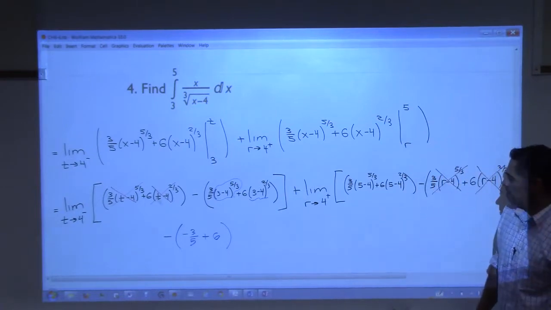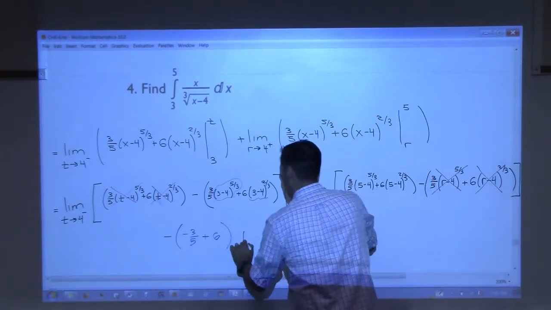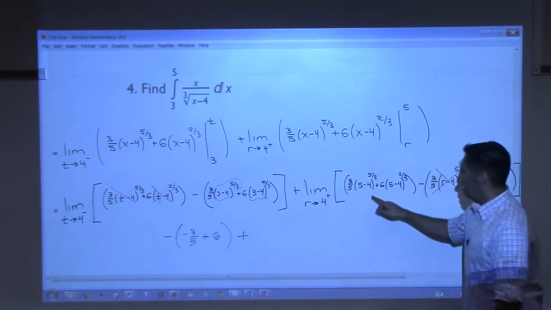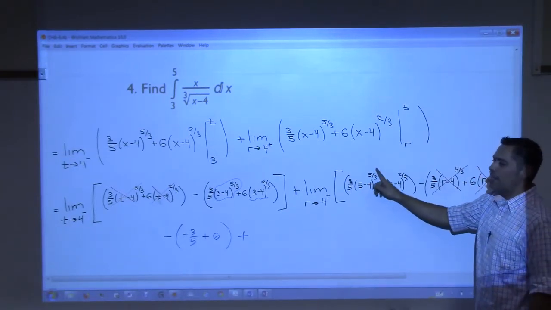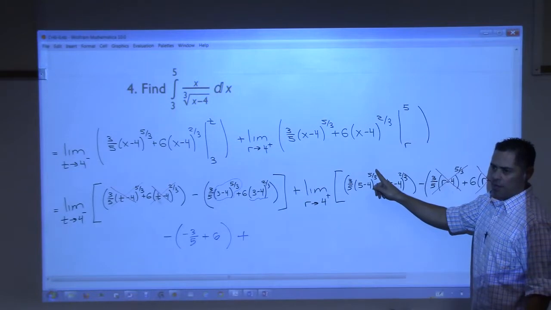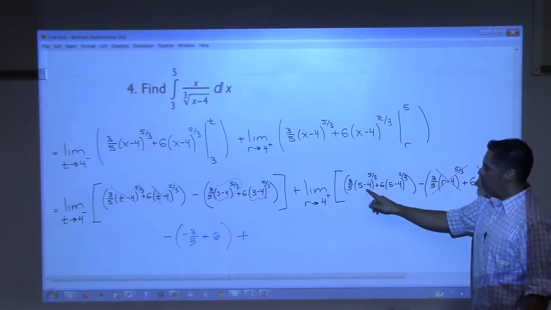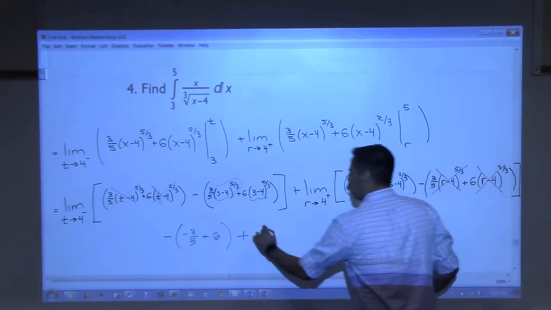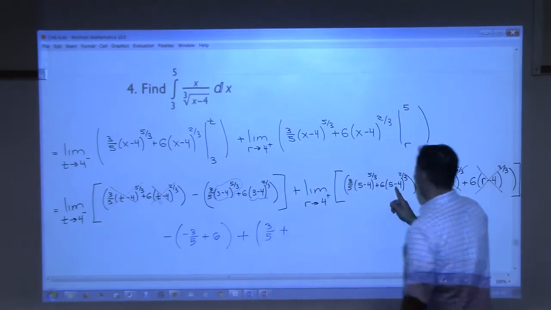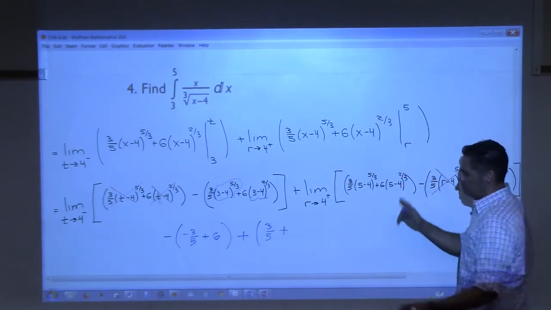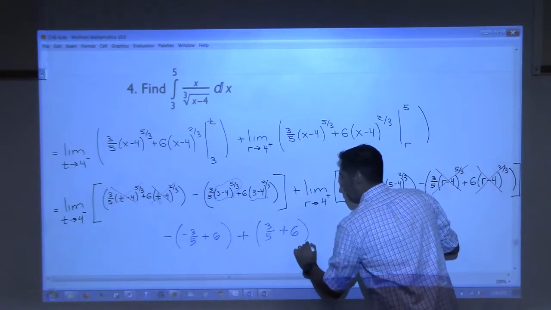Okay, plus, all right, now this one, these are nice. 5 minus 4 is 1. 1 to any power is still 1. So this is just 1, so we get 3/5 there. And then over here we get plus, and again, this is 1 times 6, so this is just 6.